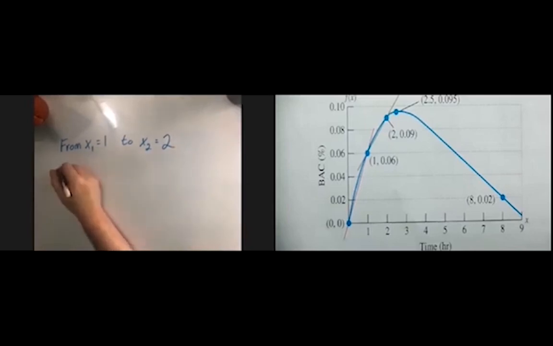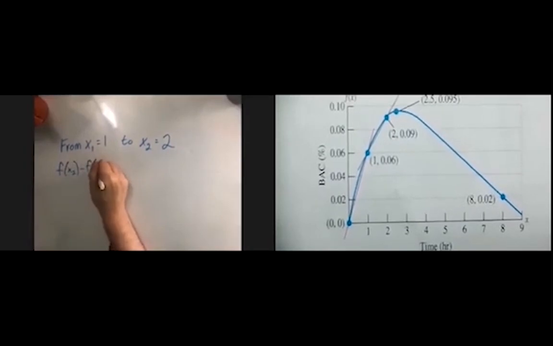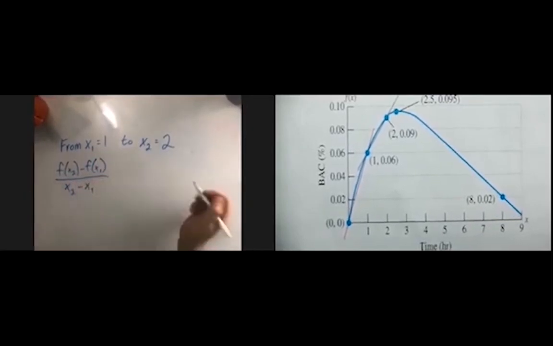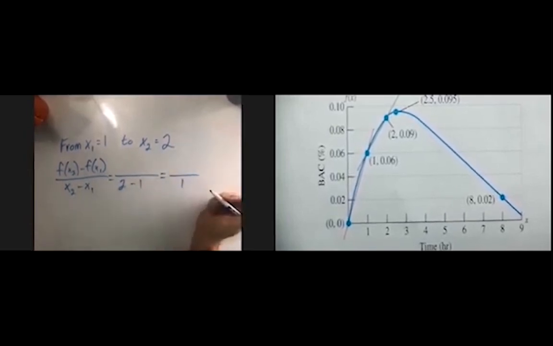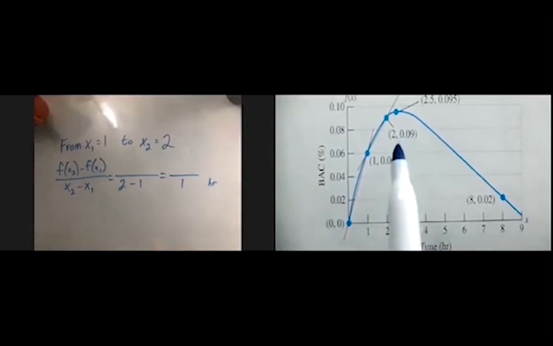So f of x2 minus f of x1, which is the same as y2 minus y1, over x2 minus x1, over 2 minus 1. So this one's over 1 again. 1 what? 1 hour. On top, when x is 2, we have the point 2, 0.09.